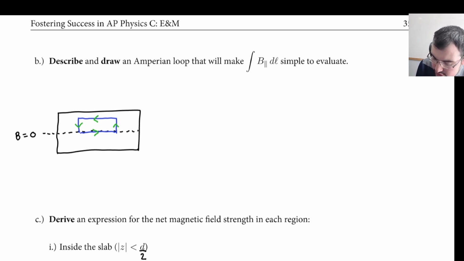It's going to circulate along the top only. This is the only spot where we're going to get circulation, because I'm going perpendicular to the field in two of the directions, so that's not circulating. And there's no field at the bottom, so that's not circulating either. So we are picking a rectangle.